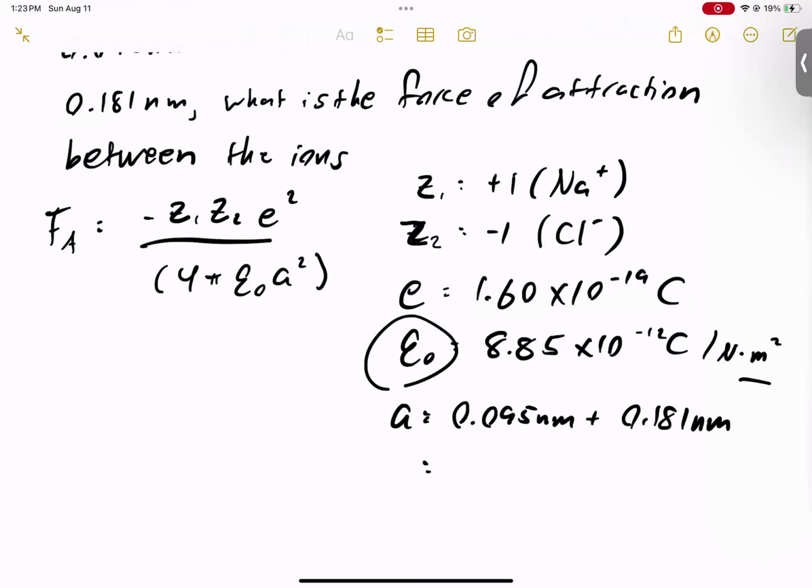Even though we have the answer in nanometers, I will convert that to meters. 0.095 plus 0.181 is 0.276 nanometers, which turns into 2.76 times 10 to the negative 10th meters. All right, perfect. Now we have all of our variables, so we're going to just basically plug and chug.